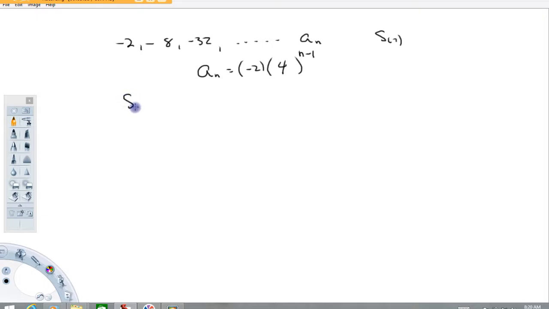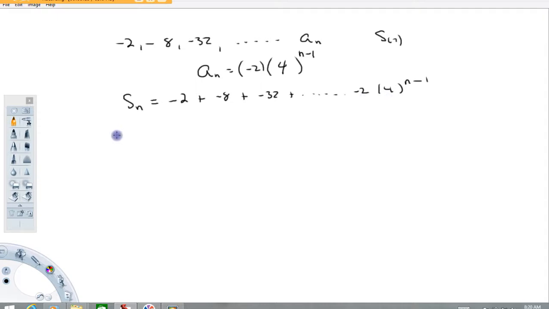All right, then I'm going to write out a formula for my sequence. So we have s sub n is equal to -2 plus -8 plus -32 plus, and I'm just going to put dot dot dot, this last guy, -2 times 4 to the n minus 1. Remember the trick now.